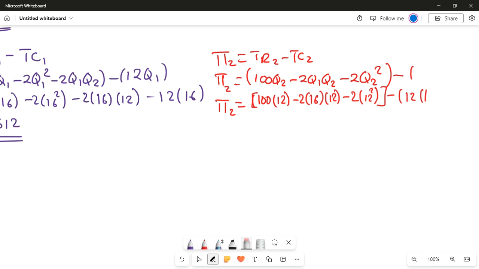The cost for firm 2 is actually 20 Q2, so there is going to be 20 times Q2, where Q2 is 12. So profit is going to equal, if we solve this, 288 kwacha.